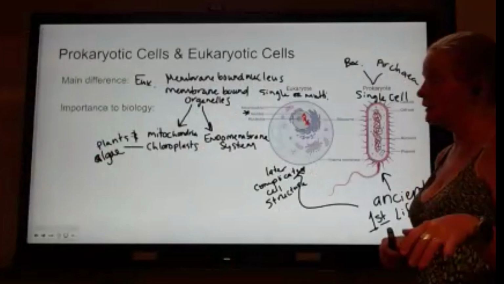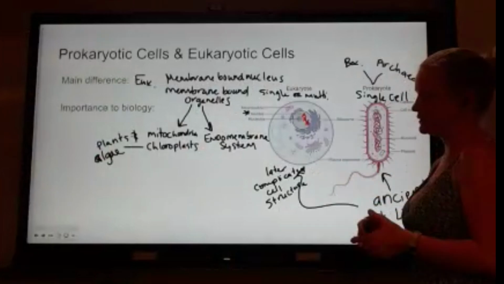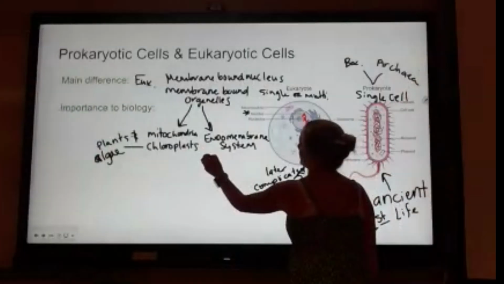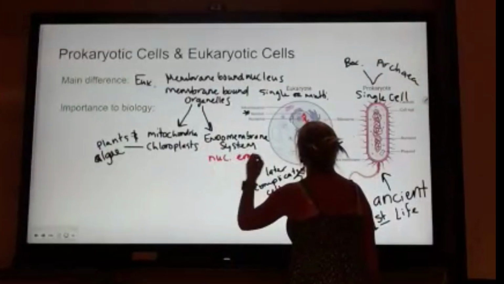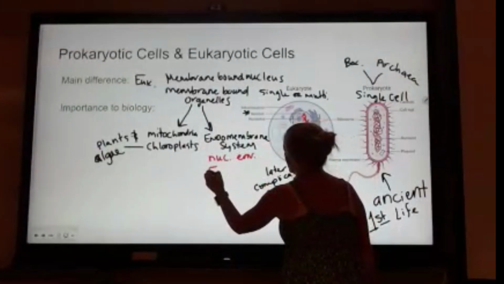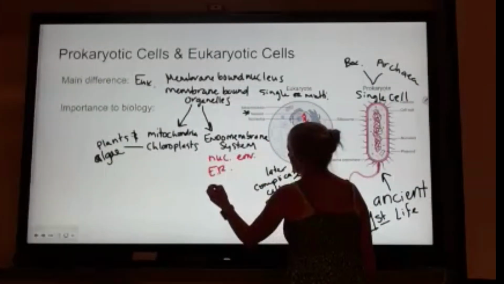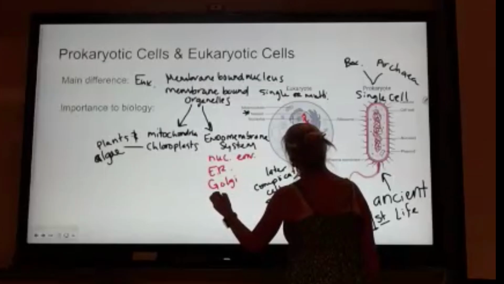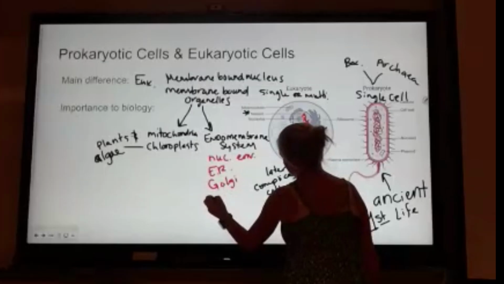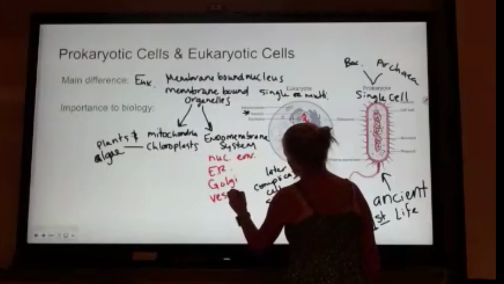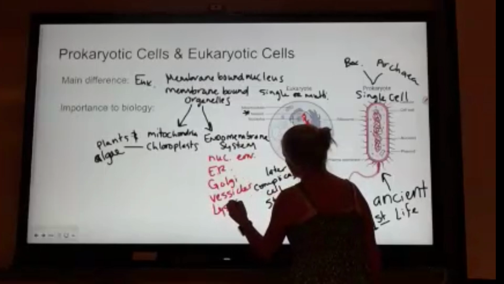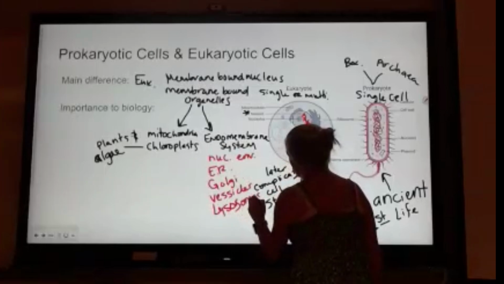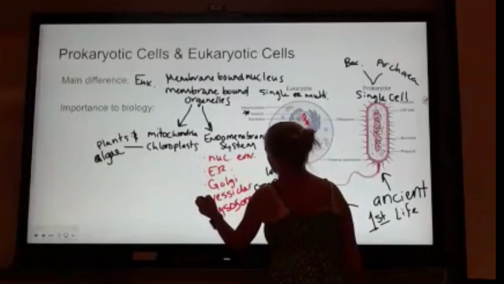And if you guys want, we can go through the endomembrane system organelles. That includes the nuclear envelope, the rough and the smooth endoplasmic reticulum, the Golgi apparatus, we've got the vesicles and vacuoles, lysosomes in animal cells, and some others.